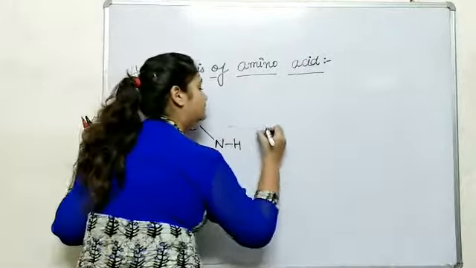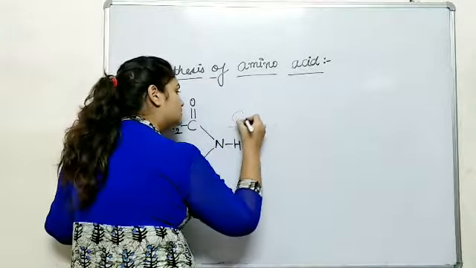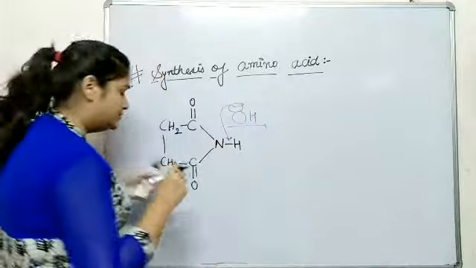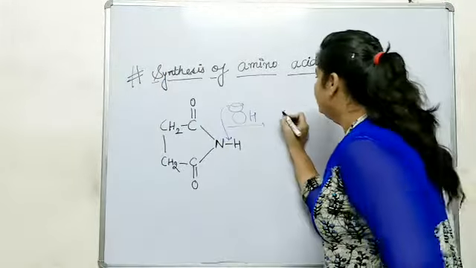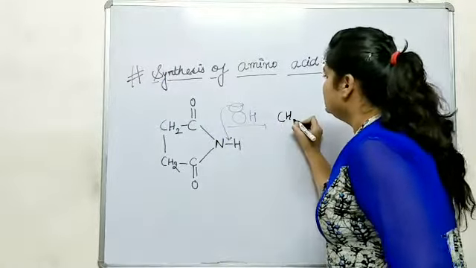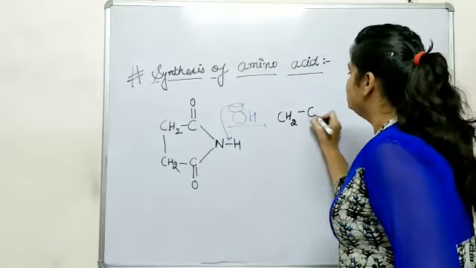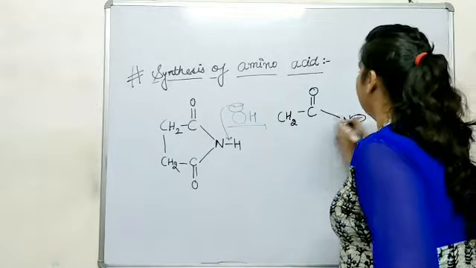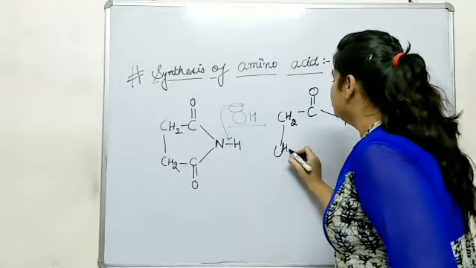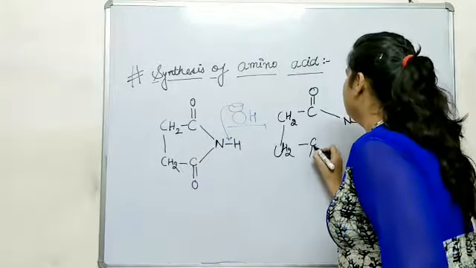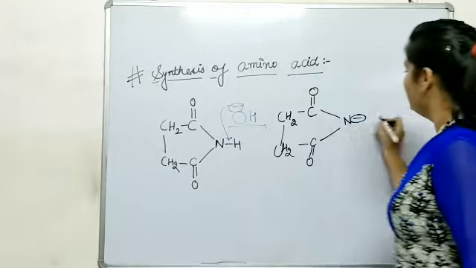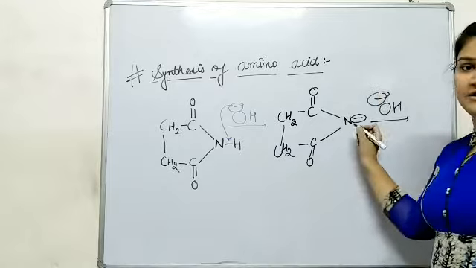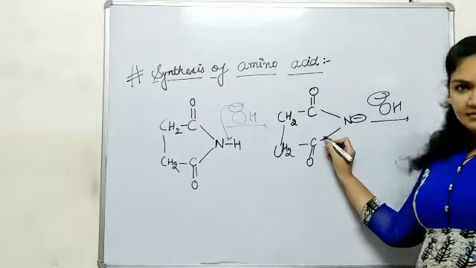Now what will happen when it gets treated with base OH negative? It will abstract this proton. So here we have CH2, C double bond O, and negative CH2, C double bond O, and now again here OH negative will act as a nucleophile and will attack at the carbonyl group.